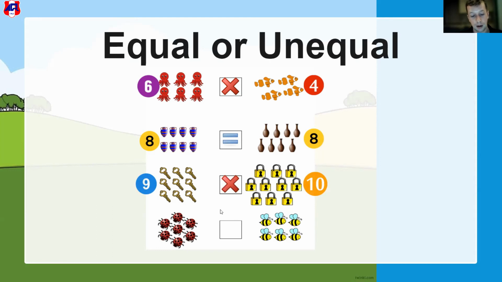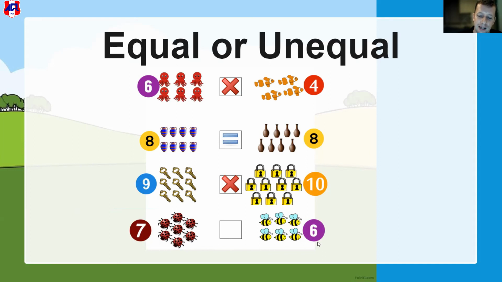Okay. Now let's take a look at the ladybugs. Let's go. 1, 2, 3, 4, 5, 6, 7. 7 ladybugs. And let's take a look at the bees. 1, 2, 3, 4, 5, 6.